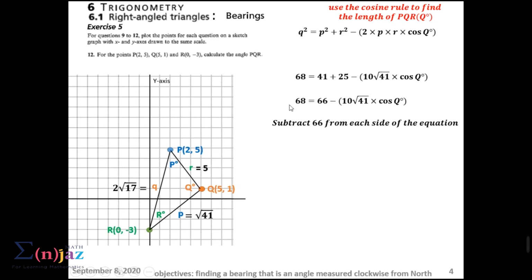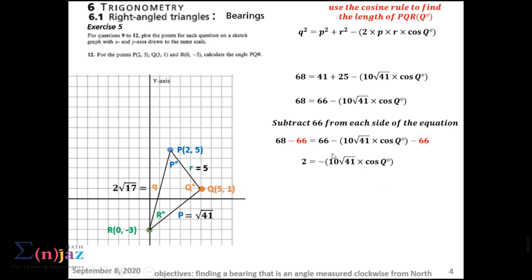We subtract 66 from each side of the equation. 68 minus 66, and 66 minus 66, so the 66 is gone on this side. And 68 minus 66 is 2, equal to negative 10 square root of 41 times cosine Q.